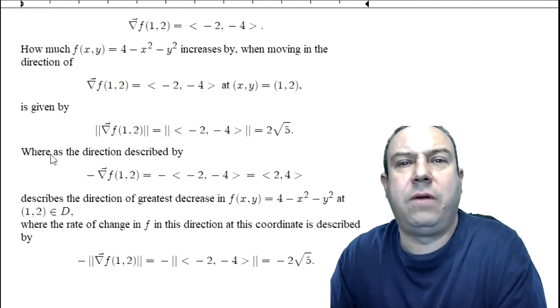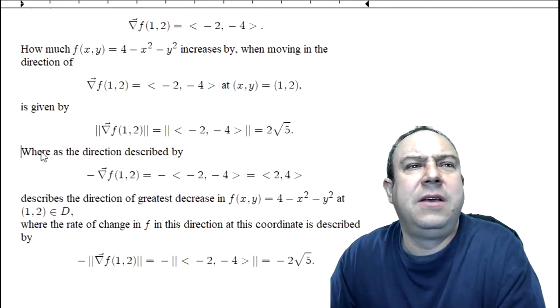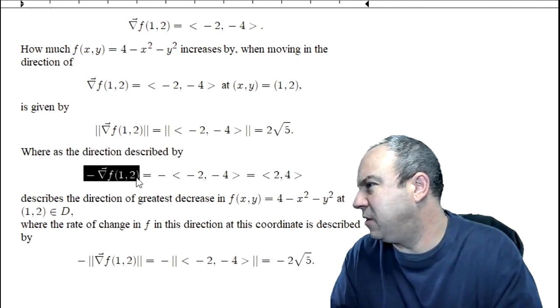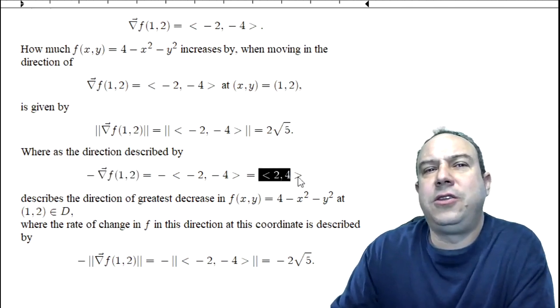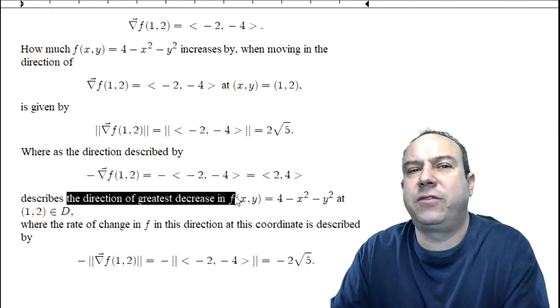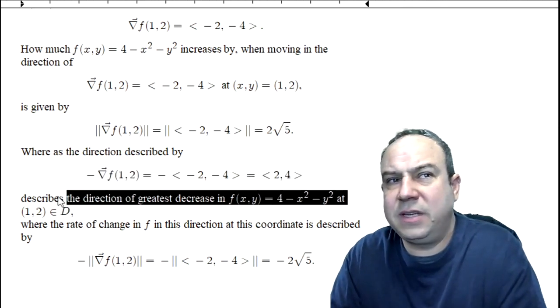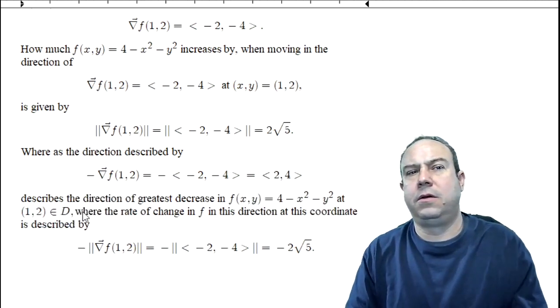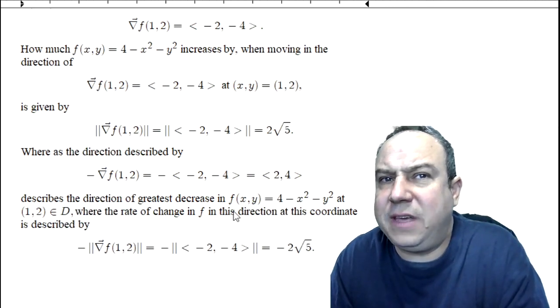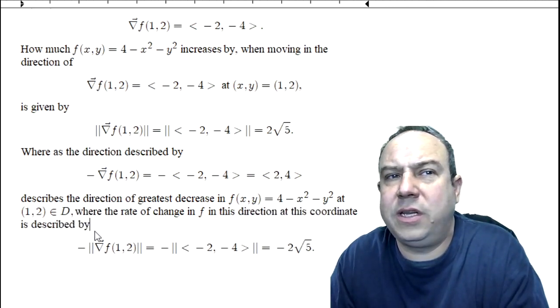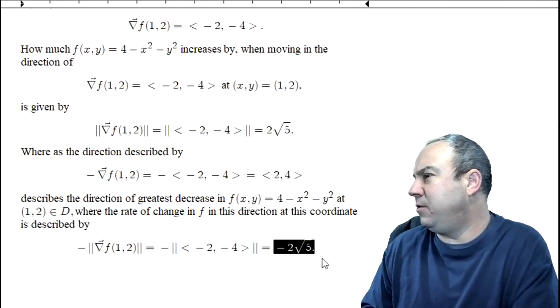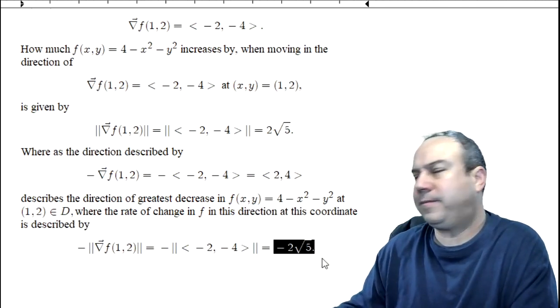First of all, I do take note of the direction described by the opposite, so we get into the opposite interpretation here real quick. 2, 4 describes the direction of greatest decrease in the surface at that coordinate in our domain, where the rate of change in f in this direction at this coordinate is actually described by the opposite of that magnitude, negative 2 root 5.